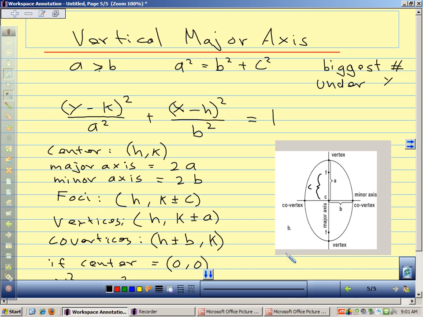So what we're going to do today, the problems, the homework, all have to do with looking at a, b, and c, where our axes are, finding the center, finding the focus, that kind of thing. So just looking at an ellipse in terms of these equations.